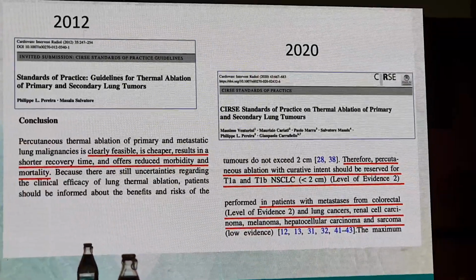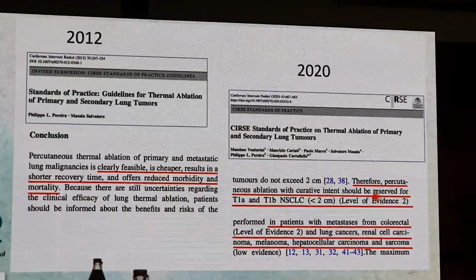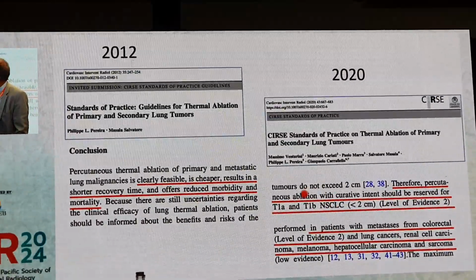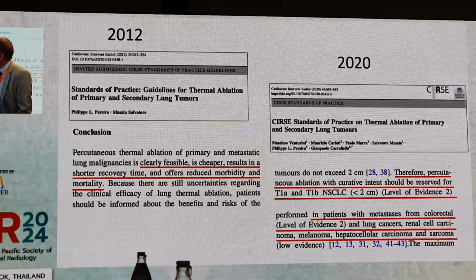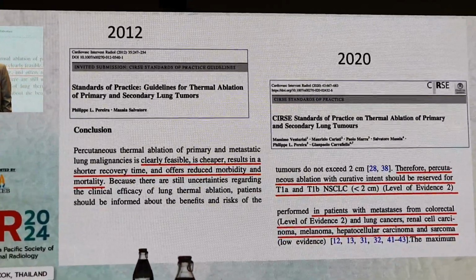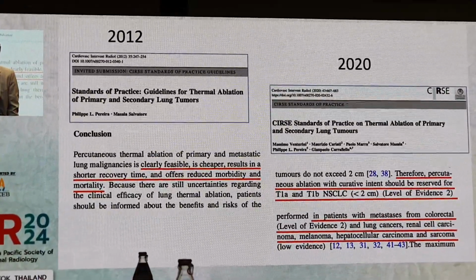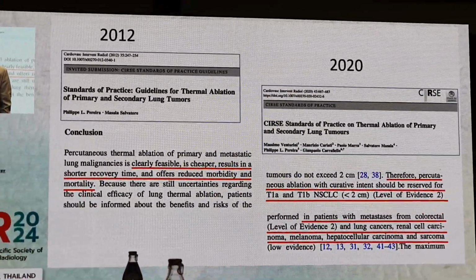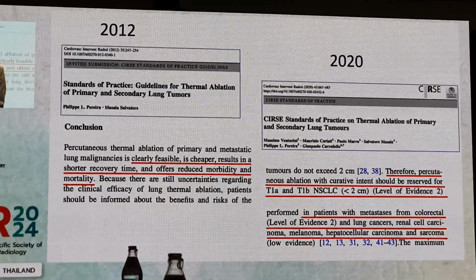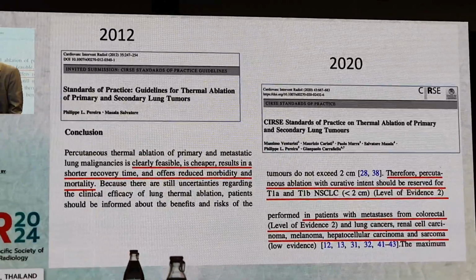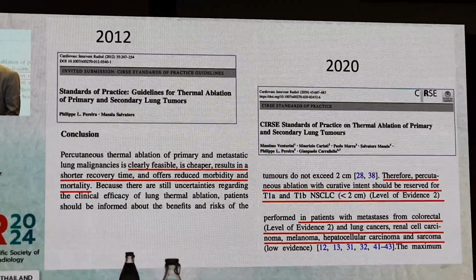And look at this, moving from 2012 to 2020, now we have clearer indications for primary lung cancer, T1A and T1B, and we know that we are differently successful in treating lung metastasis from renal, thyroid, colorectal cancers, and metastasis from sarcoma, for example. So it's more than a work in progress.